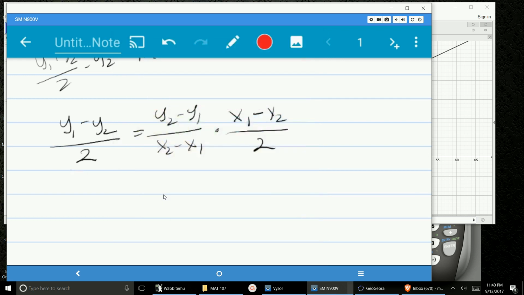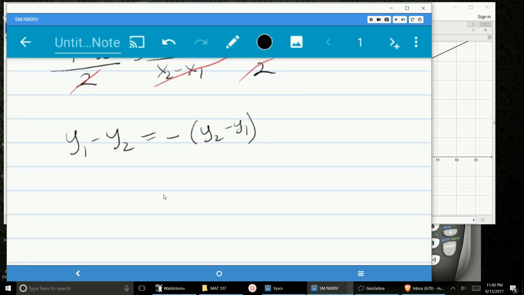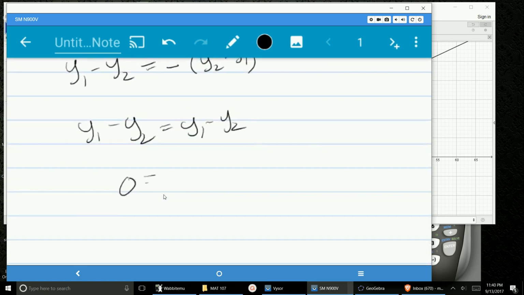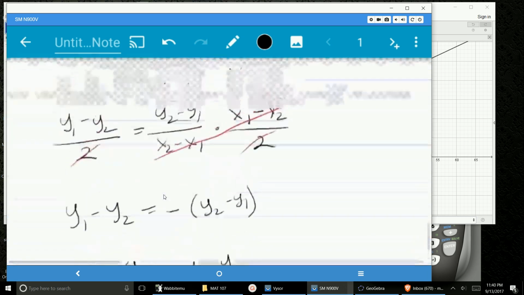I want you to see that these just cancel because I can multiply by 2. These divide perfectly, becoming a negative 1. Does that make sense? So I get y1 minus y2 equals negative y2 minus y1. Obviously true. Factor a negative 1 out of there. I get a trivially true result. You can subtract everything from everything and you get a truth. It satisfies both lines, so it's the intersection of them.